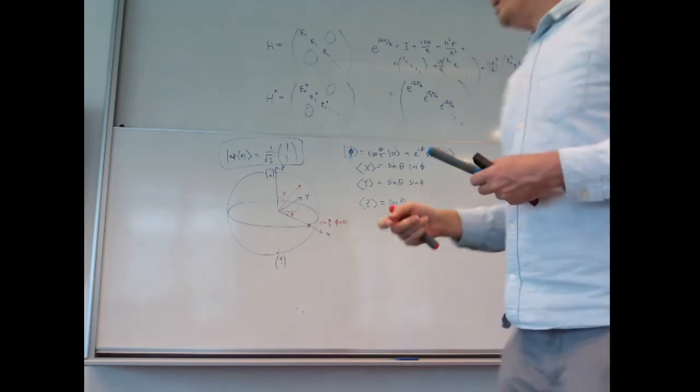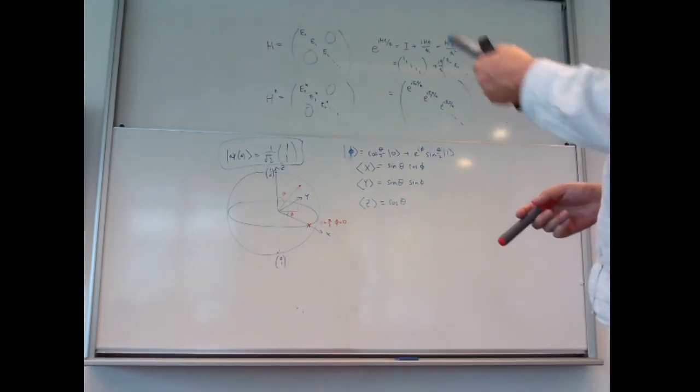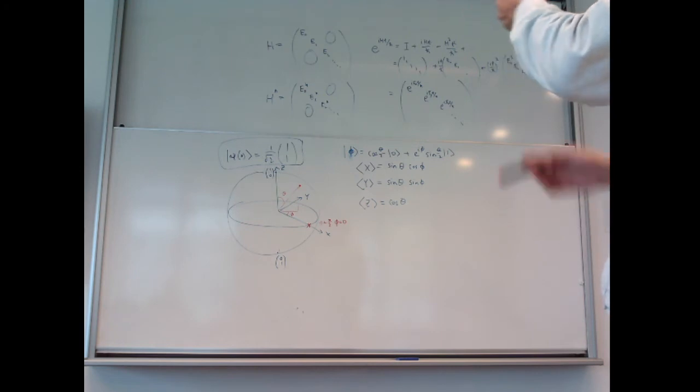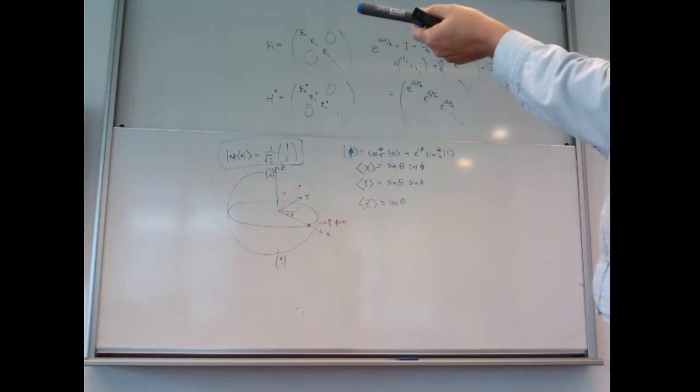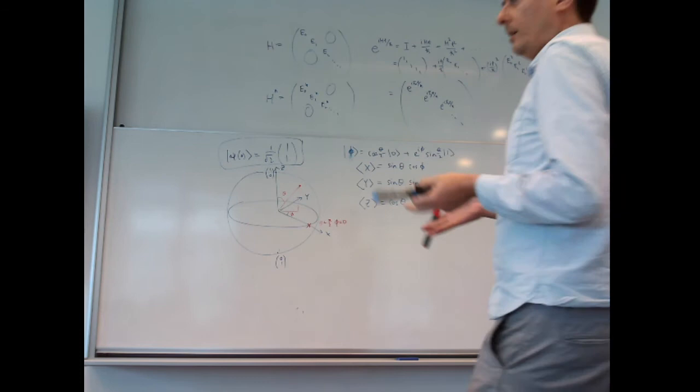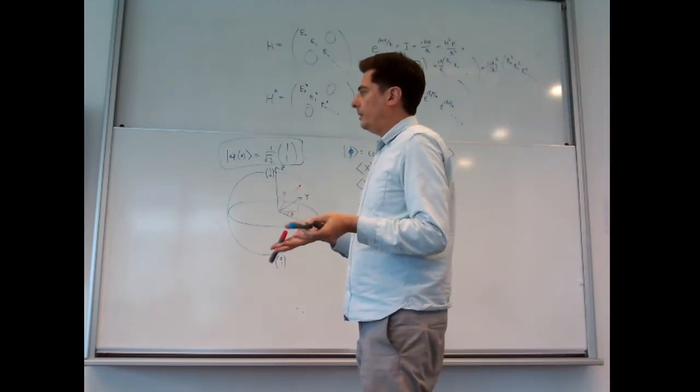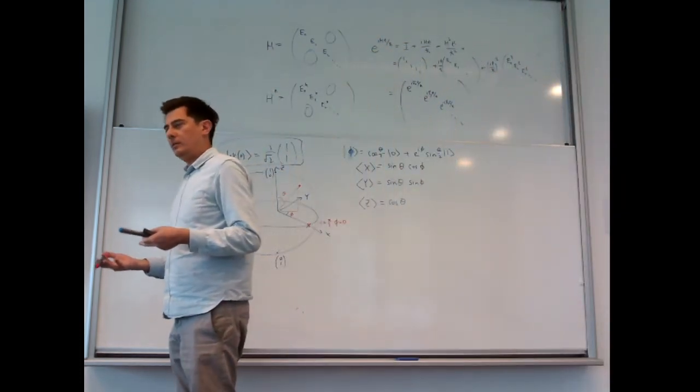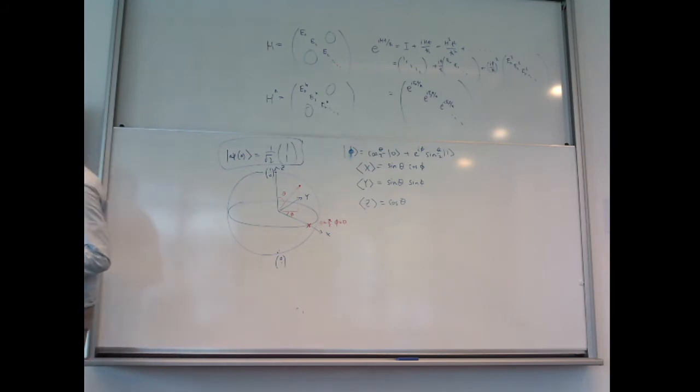Okay, so now I prepare my state like that, and then I apply a magnetic field, and then Schrodinger's equation is telling us that the state some time t later is going to be that.